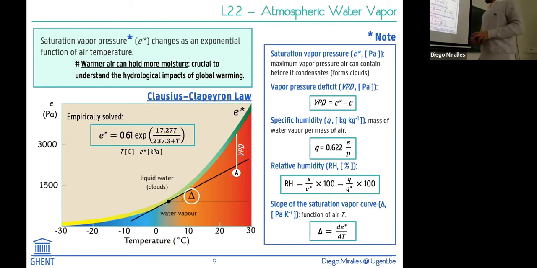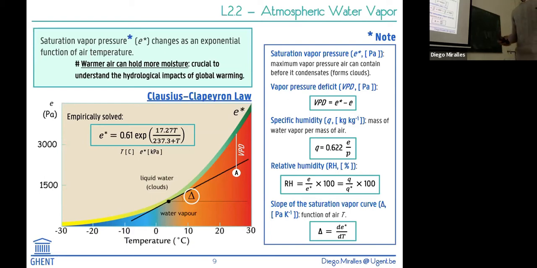That's Q, and it's related to E, the vapor pressure, like this. Now, this comes from molar masses, you don't need to know it, it's just a constant. The only reason I put this equation here is for you to realize that for a certain air pressure, P, which is the pressure of the entire mix, not water, E and Q are related linearly, all right?